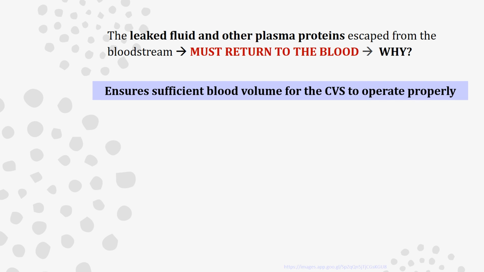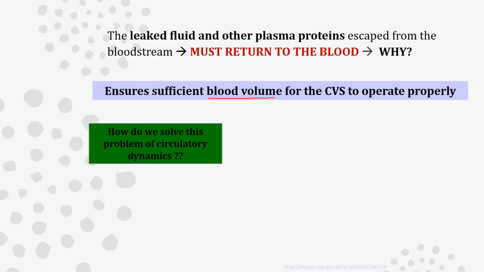Because you only have 4 to 5 and 3 is already being left behind in tissues. So if you don't return the 3 liters that has leaked out, you're not going to have enough blood volume. So you need to return all this fluid back to your blood so that your cardiovascular system can operate properly, so that you have sufficient blood volume.